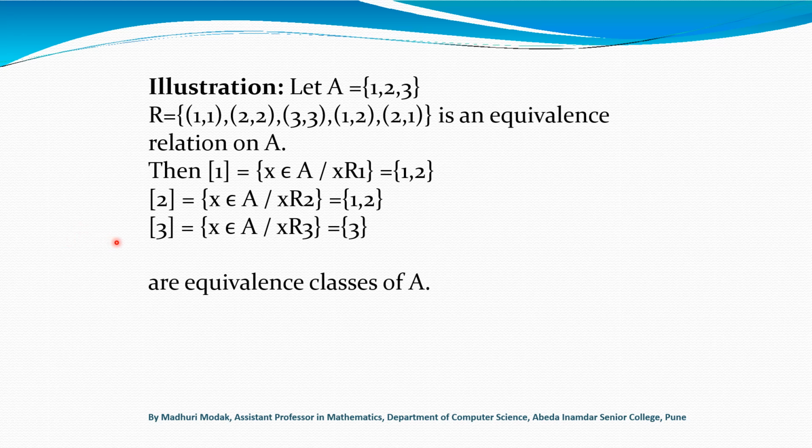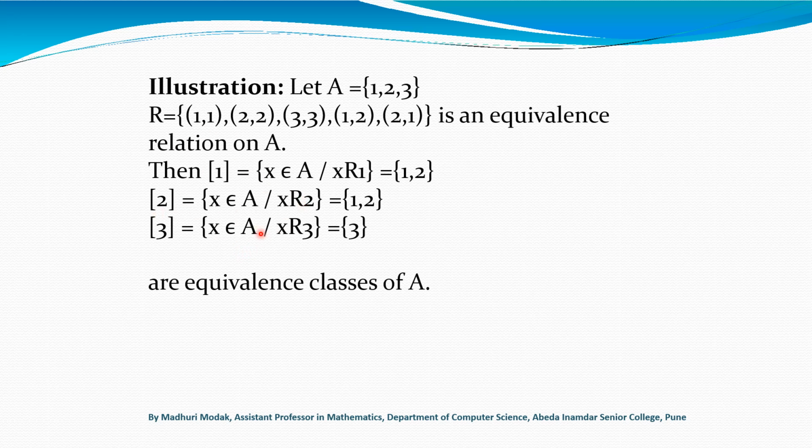It contains x in A such that x is related to 3. Now see which members of A are related to 3. It means 3 must be the second element of the pair. So here 3 is related to 3. No other element of A is related to 3. So the equivalence class of 3 contains only the element 3.